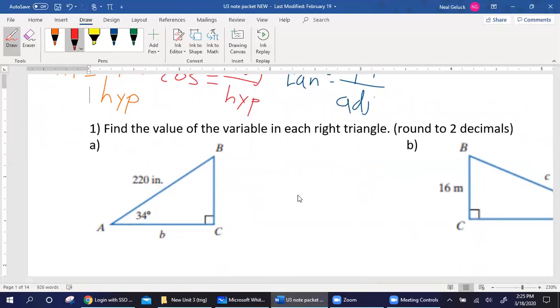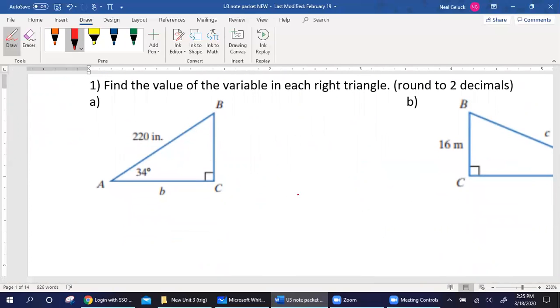So our first problems here are dealing with basic right triangle trig. We need to figure out which trig function we want to use. So on number 1, I look at my angle that I'm given, okay, 34 degrees, and I look at the information I need and what I was told as far as side lengths.